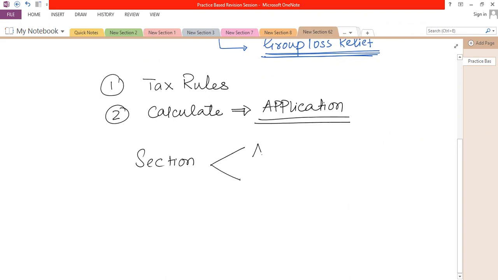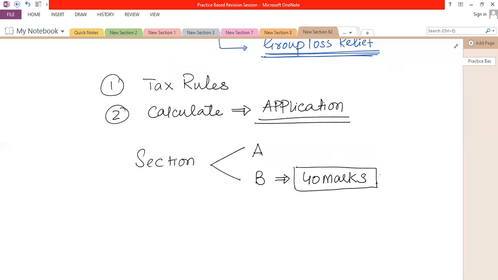section A and section B. Section B is worth 40 marks. So it is always advisable to use section B well and try to get as many marks as possible from section B. Why?